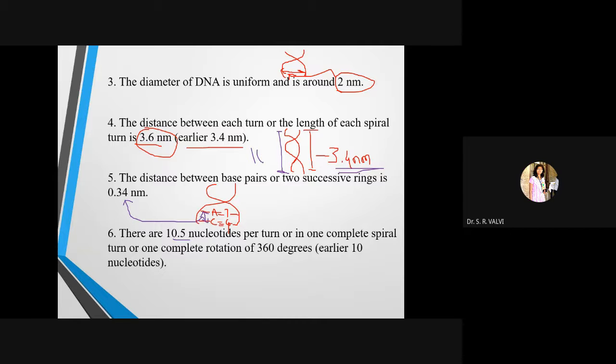So again, according to 3.4 there were 10, and according to 3.6 there are now 10.5 nucleotide base pairs.